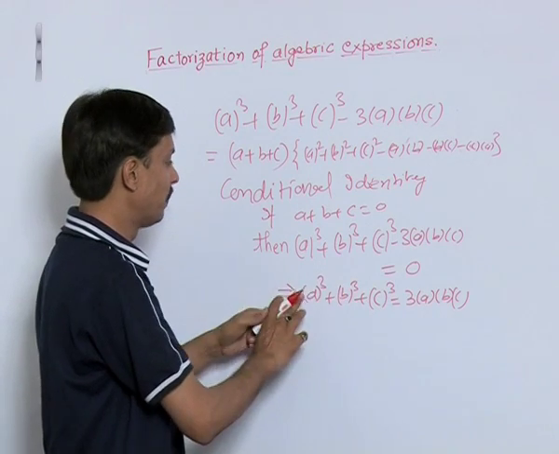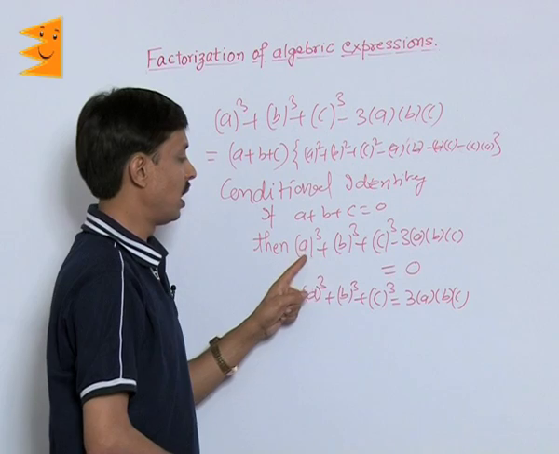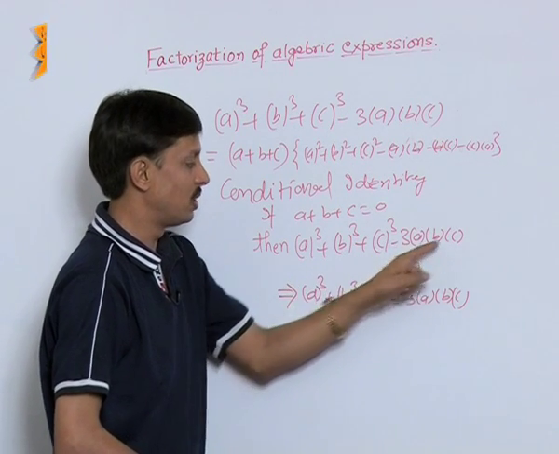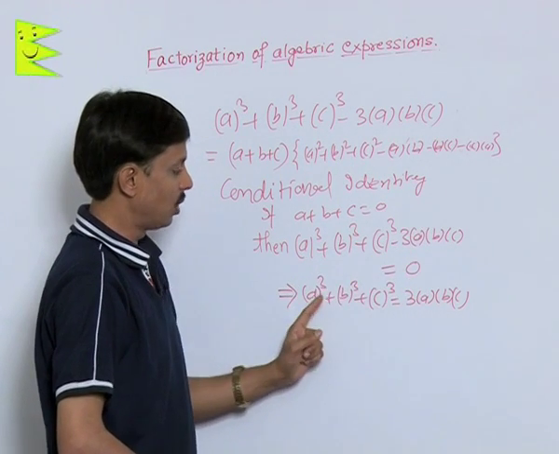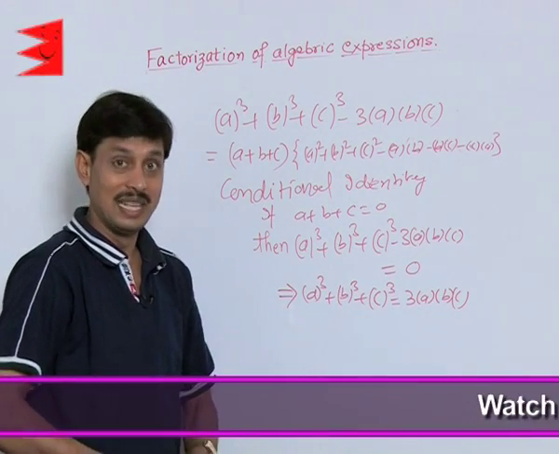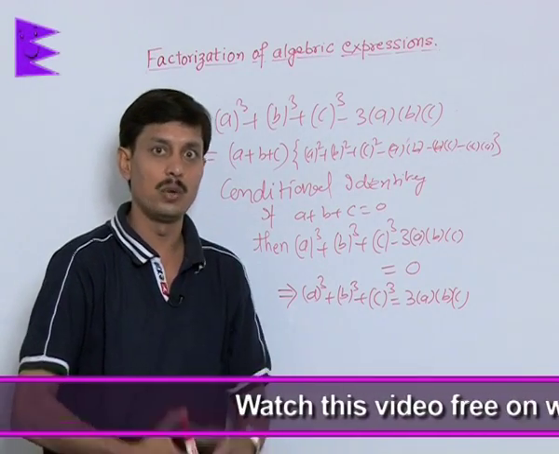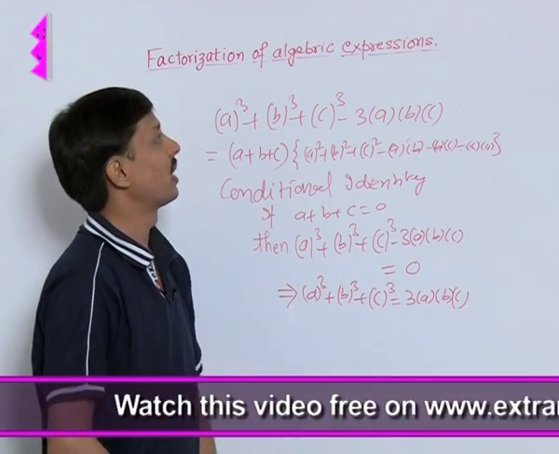So the conditional identity: if a plus b plus c is 0, you can say a cube plus b cube plus c cube minus 3abc is equal to 0, or a cube plus b cube plus c cube is equal to 3abc.